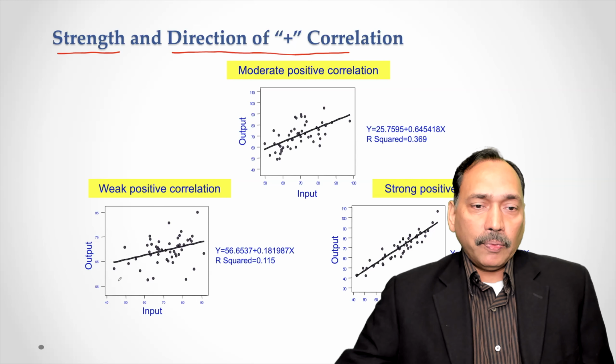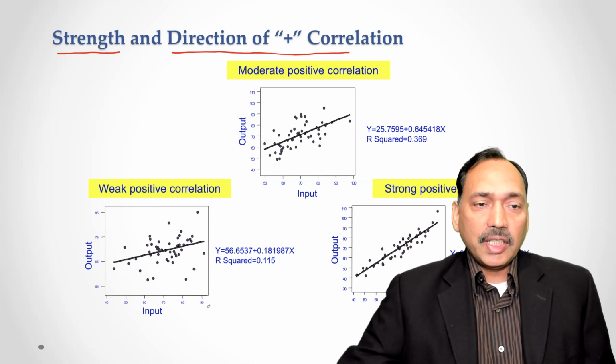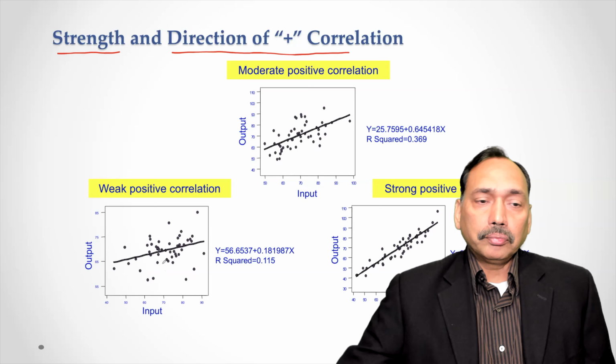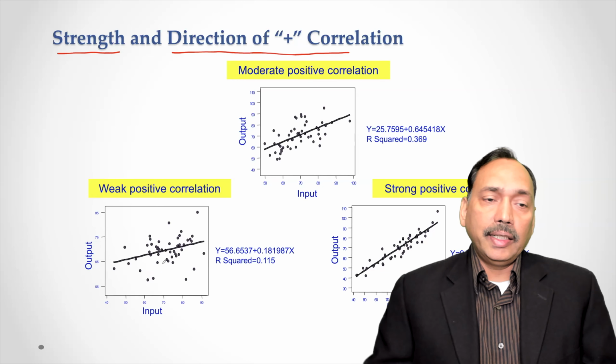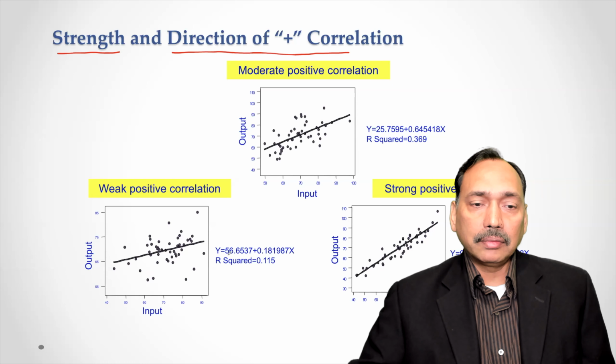If you look at this first one, the independent variable is on the x-axis and the dependent variable on the y-axis, and they seem to follow a broadly linear pattern, although there's a lot of variation around this line of best fit. And you also have the equation here.